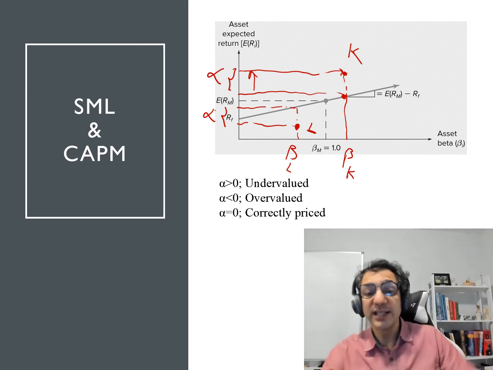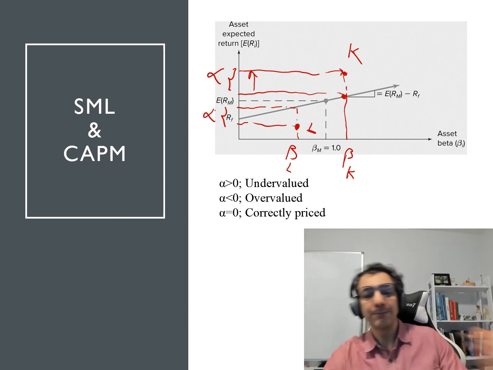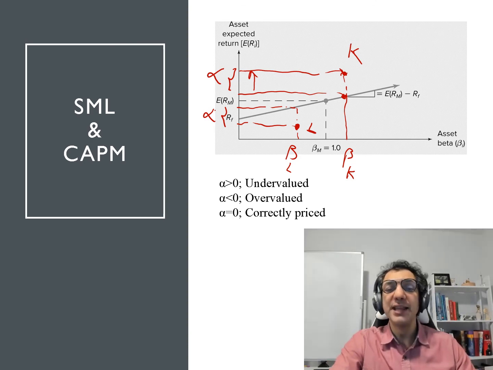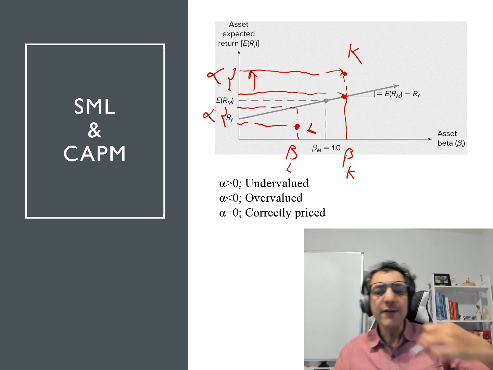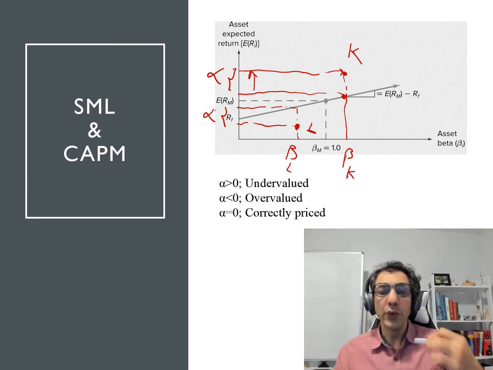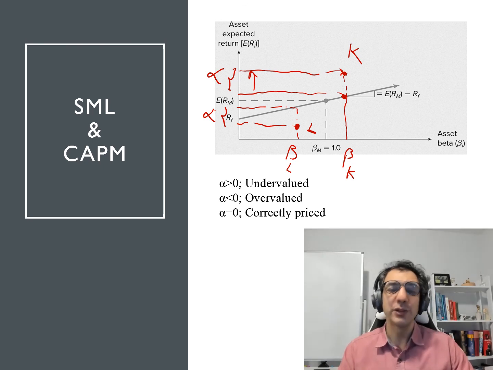In other words, stock L is overvalued because it provides less expected return than what the CAPM is estimating. So the alpha becomes negative for stock L. If you are anywhere on the line, alpha is 0 and the price is correct. So the asset is correctly priced. The expected return is what CAPM is estimating.